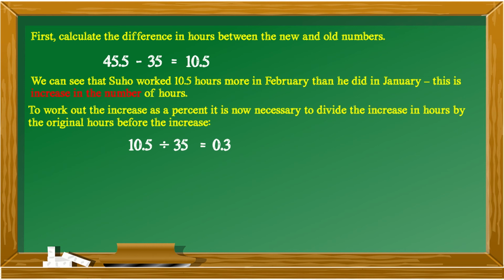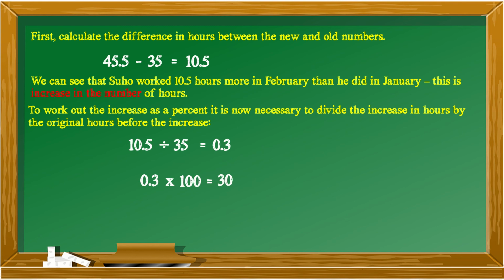But we are looking for the percent or the rate of increase. We must change this decimal into a percent by multiplying it by 100. 3 tenths times 100 is equal to 30.